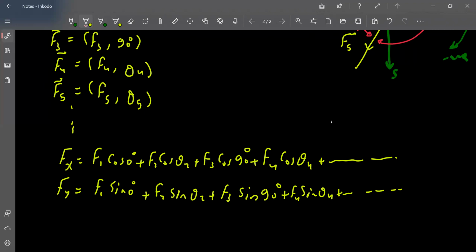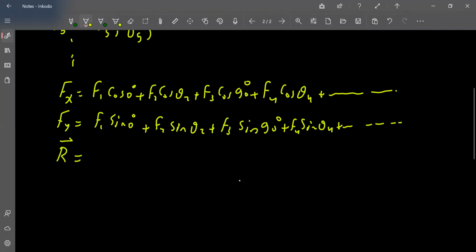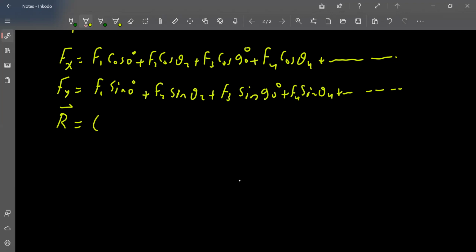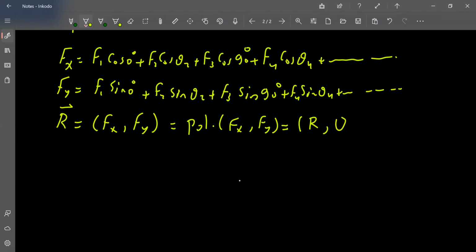After this, we can find R in polar form also. If we put Fx, Fy into polar conversion, it gives us the magnitude of the resultant and its inclination to the positive direction of the x-axis.